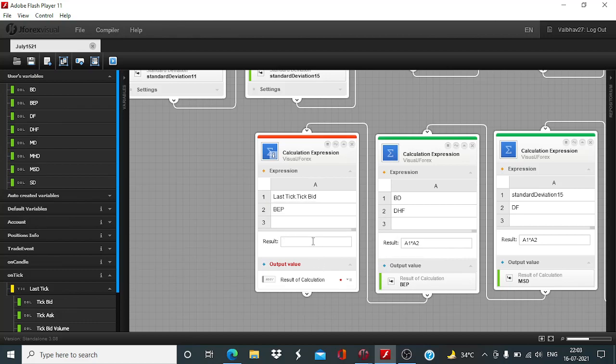We will be using the pending open order command, and we will be using the limit order. That means the order price will be lower than the last tick price. A1 minus A2.